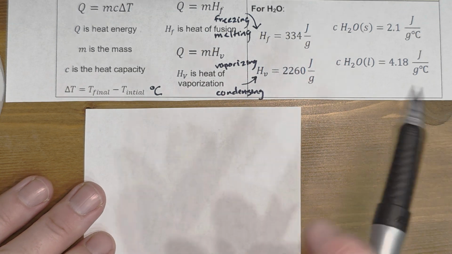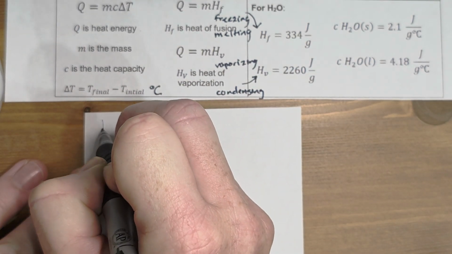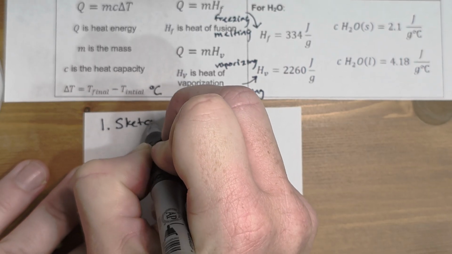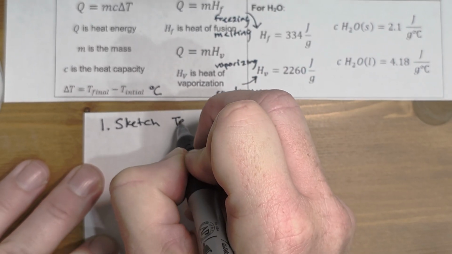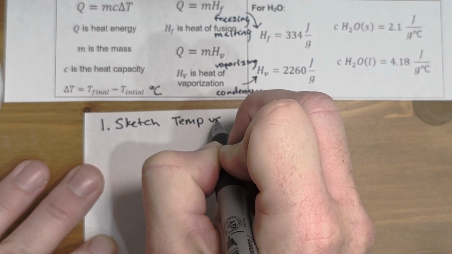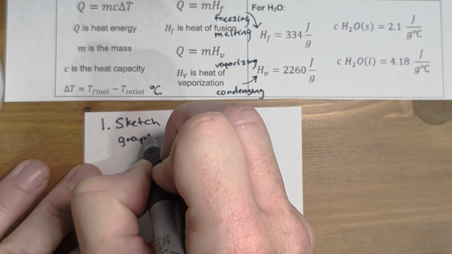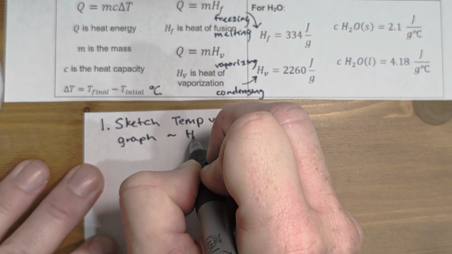When we're solving these problems, our strategy is going to be 1, sketch a temperature versus time graph, a heating curve.